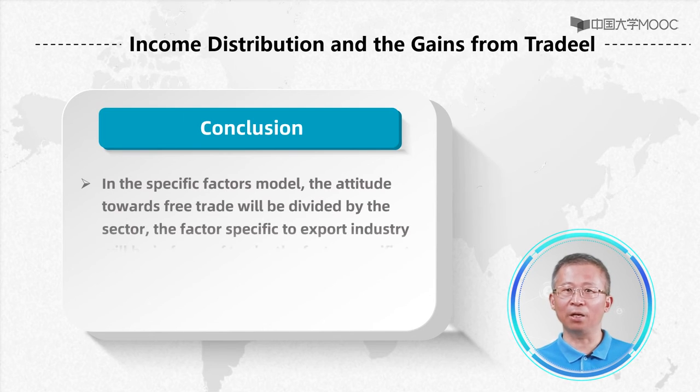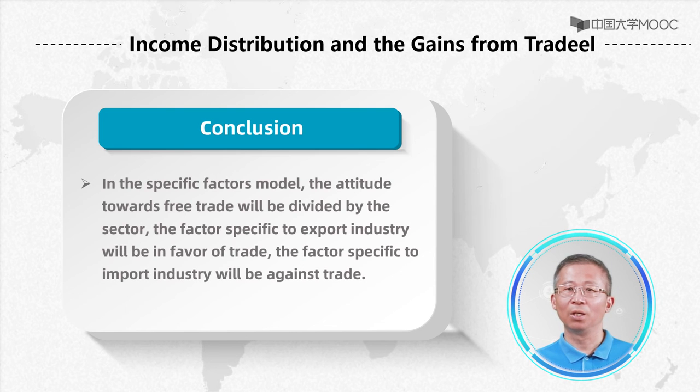In the specific factors model, the attitude towards free trade will be divided by sector. The factor specific to the export industry will be in favor of trade. The factor specific to the import industry will be against trade.